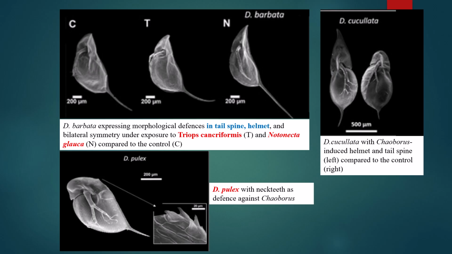So this is again a polymorphic form. These are some of the common examples of different polymorphic forms that the Cladocerans show with respect to certain predators, as well as with respect to different environmental factors, among which temperature is the most common one.